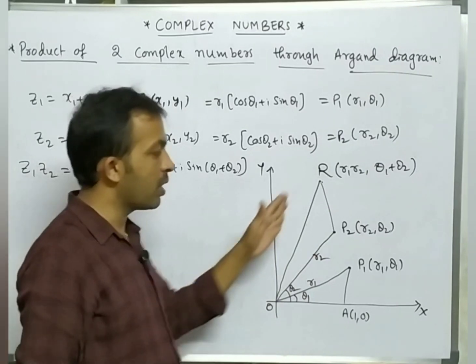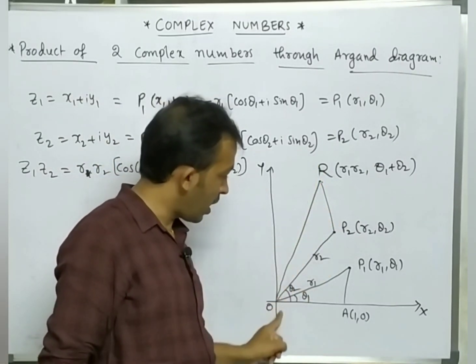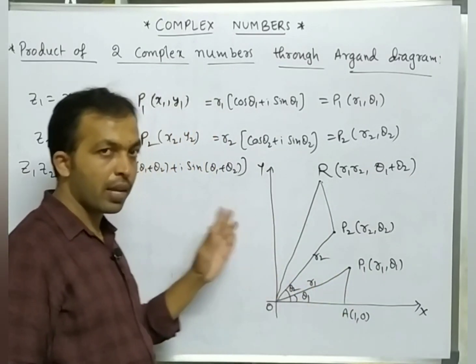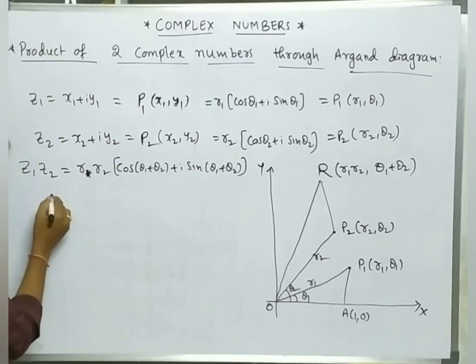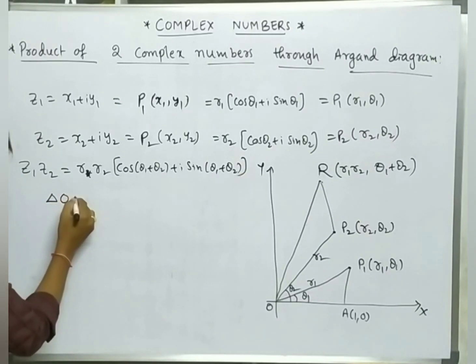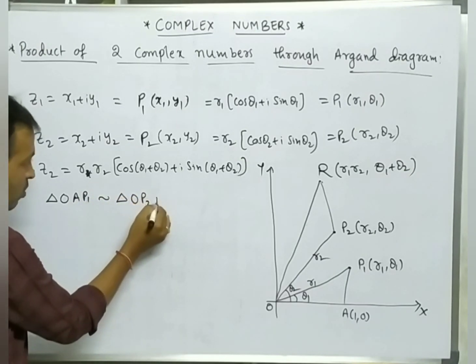I am taking the point R in a way that these two triangles must be similar, and I am constructing it like that. Which triangles are similar? Triangle OAP1 is similar to triangle OP2R.